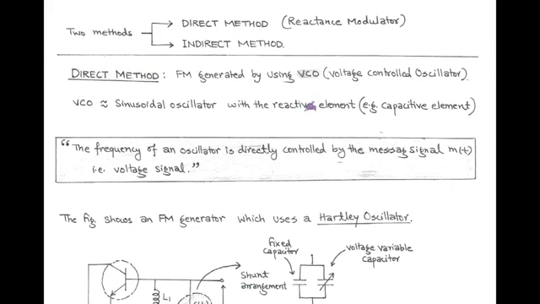In a voltage controlled oscillator, the frequency is directly controlled by the message signal, that is voltage signal, because we know that the message signal is typically measured in volts. So in the direct method for generation of FM we use voltage controlled oscillator. Here the control signal is the message signal, that is called voltage signal.